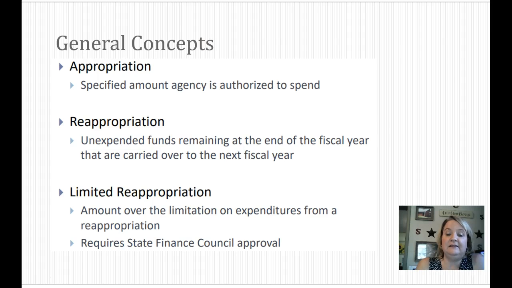If you're unlucky, they will sweep it back up into the state general fund for the state to be spread out again. Usually they reappropriate it, but sometimes they do not, depending on the balance in the state general fund. Limited reappropriation, amount over the limitation on expenditures from a reappropriation, requires state finance council approval. That has never happened to me.